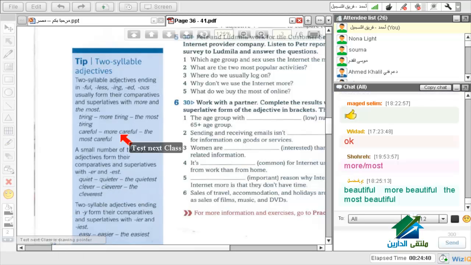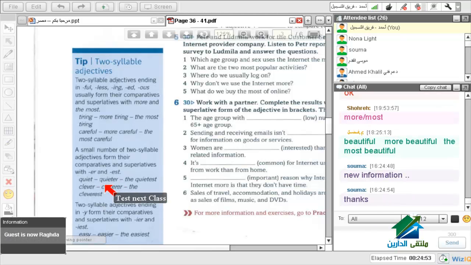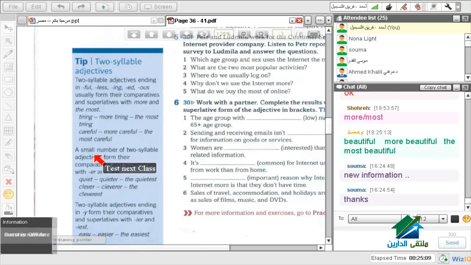Okay, so as we used to say before, long adjectives and small number of syllable adjectives. As you said now, tall, taller, tallest, small, smaller, smallest.